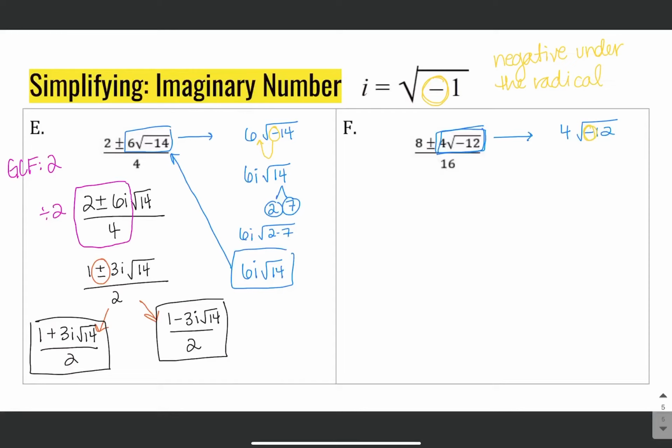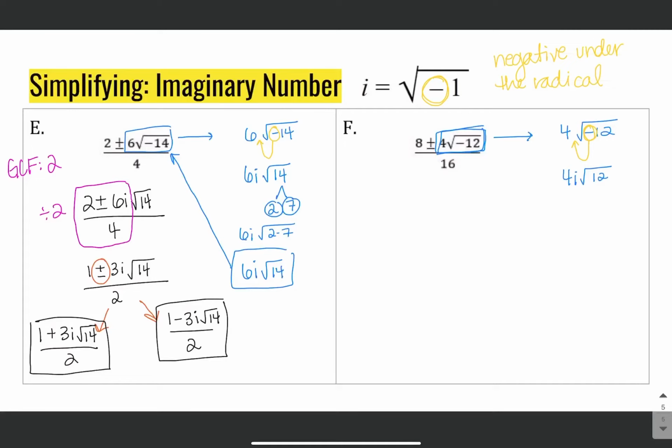That's an issue for us. We are going to remove it, and we are going to make it on the outside an i. So this is going to look like 4i radical 12. So again, if there's a negative underneath the radical, pull it on the outside and make it an i.